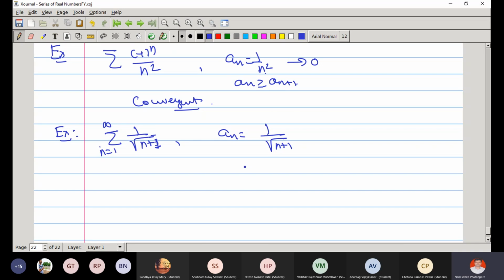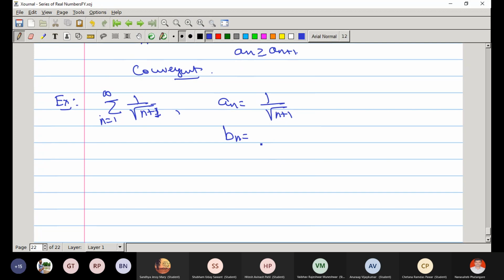How will you prove it is divergent by the comparison test? What is the proper choice for b_n by the limit comparison test? What is the power of n here? Half in a_n. So I should choose b_n as 1 by root n.